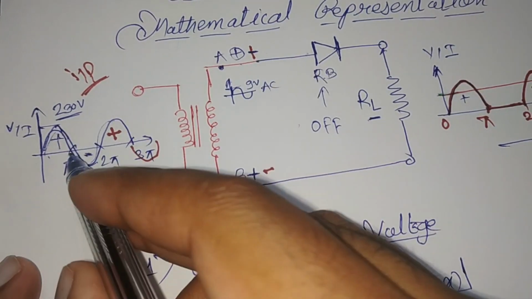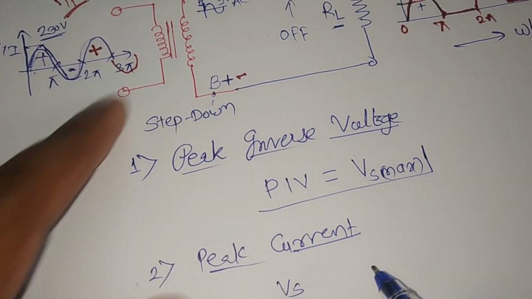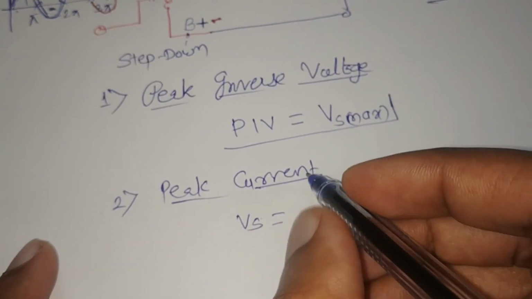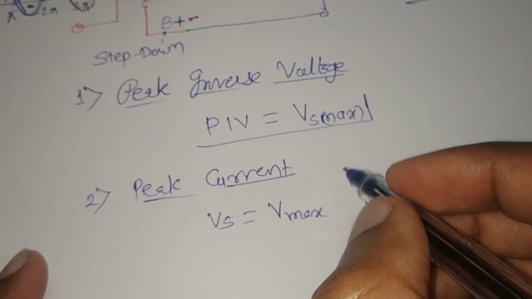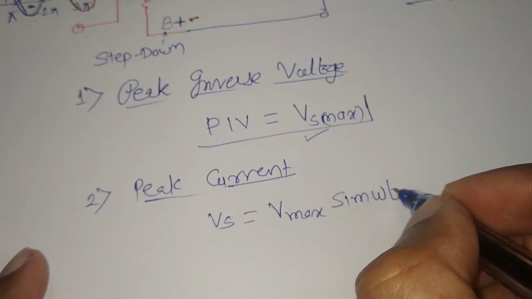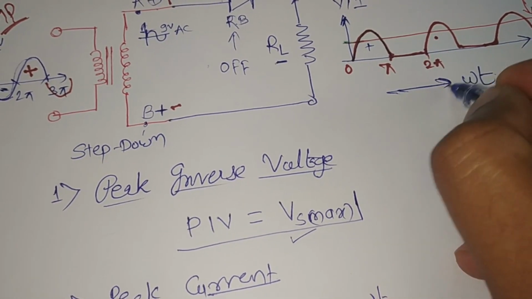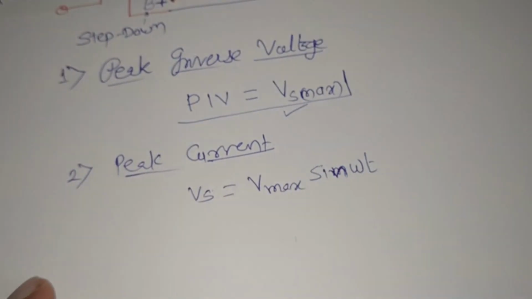If I want to represent the supply voltage Vs mathematically, it is a sinusoidal signal, so we represent it as Vs equals Vm, the maximum value of voltage, sine omega t, right? We calculate time as omega t.